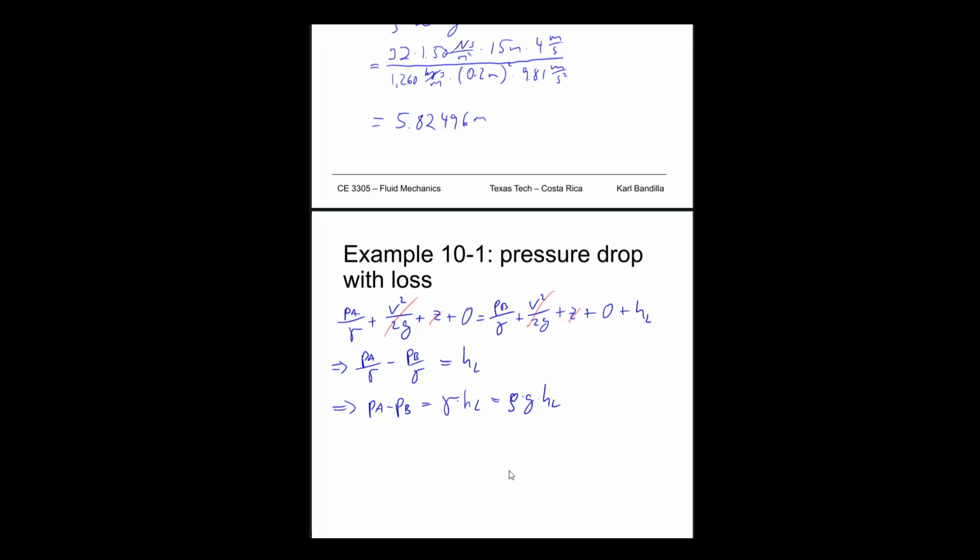Now we can plug that in directly, or we have a rho and G, so they'll cancel out. So maybe we'll just write that as a full expression here, right? So we'd have rho times G times HL.